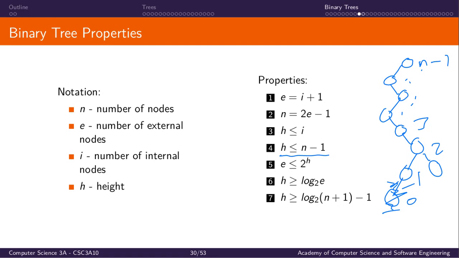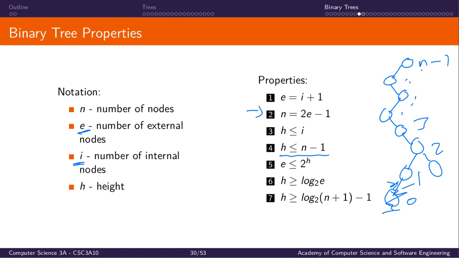Some of the others are discussed in the text. Let's see, 2 is a rather simple one. We understand that the number of nodes in our tree, if we use E to refer to the number of external nodes and I to refer to the number of internal nodes, is simply the sum of these two, because each node is either internal, has a child, or external, has no children. We can't have one that is both.